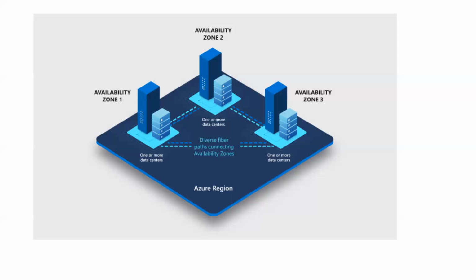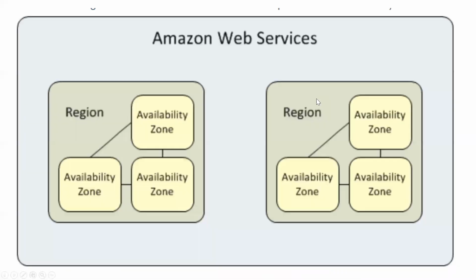So there is something called a region. A region has one or more high availability zones. There are multiple regions. The next slides will explain better. Here it is. A region means one or more high availability zones. For example, the North American region, Virginia region, maybe Virginia one availability zone, Raleigh another, Charlotte another one, like that.